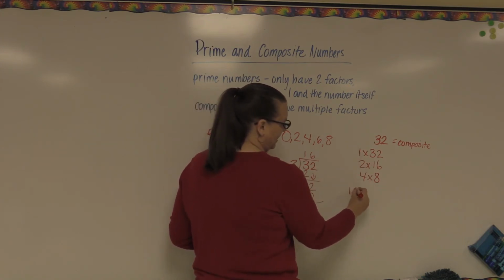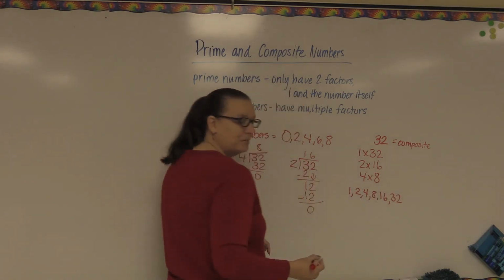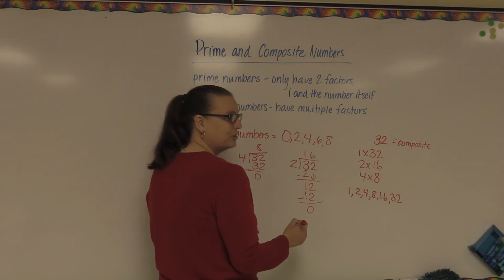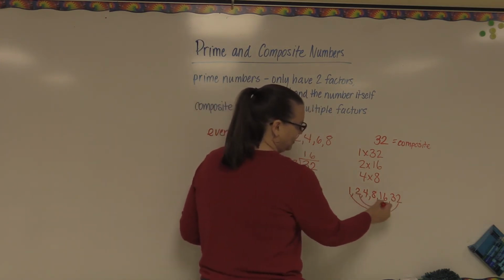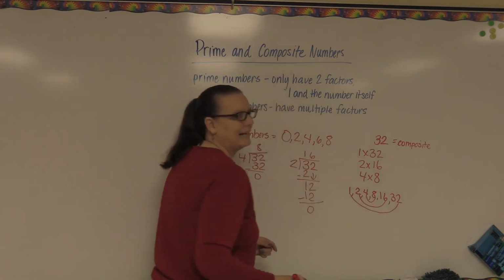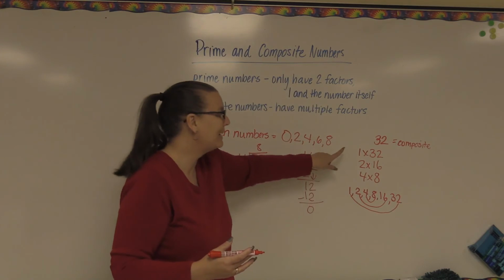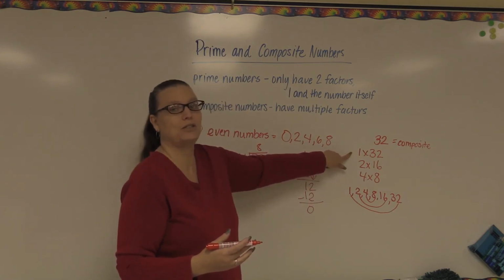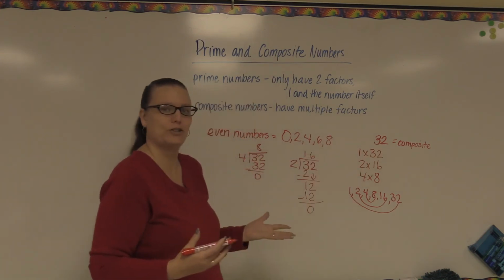So 1, 2, 4, 8, 16, and 32. And using my rainbow trick, let's make sure that they all match up. 1 times 32, 2 times 16, and 4 times 8. We've successfully figured out all the factors for 32 because it's more than just 1 times 32. We know it's a composite number, and because it was an even number, we know for sure.